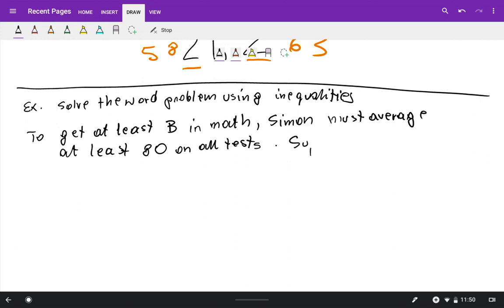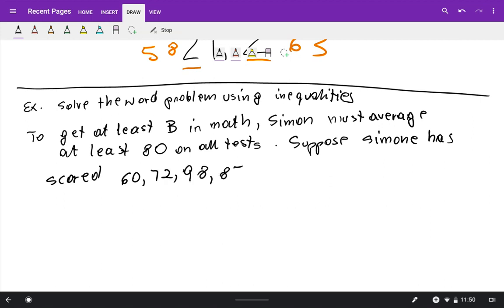Suppose Simon has scores 60, 72, 98, 85 on the first four tests.